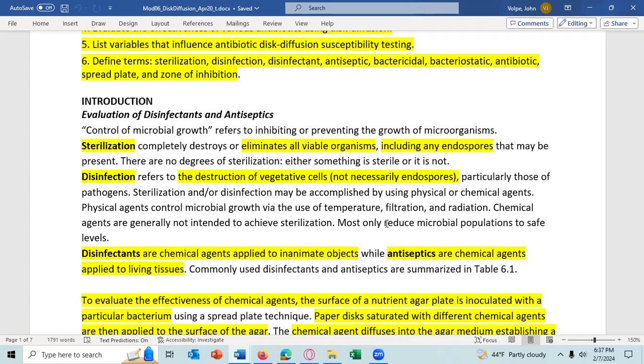Antiseptic, on the other hand, is a chemical agent applied to living tissue. So if somebody were to put bleach on their cat who got cut and infected, it would be an antiseptic. So the same chemical can be a disinfectant and an antiseptic, depending on how it is used. Usually, antiseptics are not as harsh and irritating to the skin as a disinfectant is, meaning bleach is pretty irritating to the skin, and so it's not usually used.